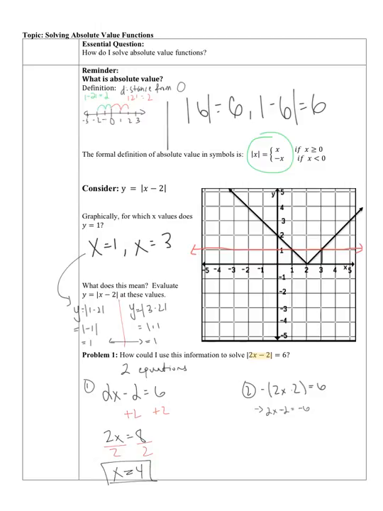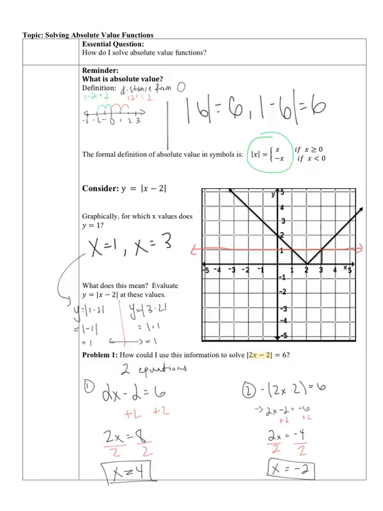On the second one, I would do the exact same inverse operations, other than when I add 2 here, I end up with 2x equals -4. And then I divide by 2 to get x equals -2. So my answers, I should have 2. I got x equals 4 and x equals -2.